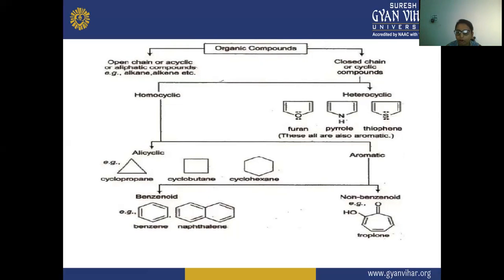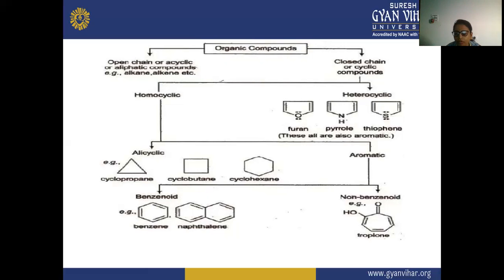The homocyclic compounds can again be classified into two types, alicyclic and aromatic. And the heterocyclic compounds are those which contain other atoms as well.